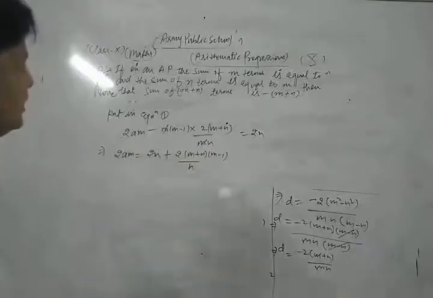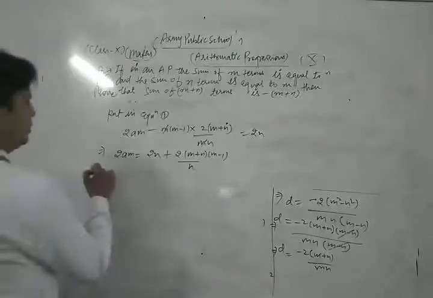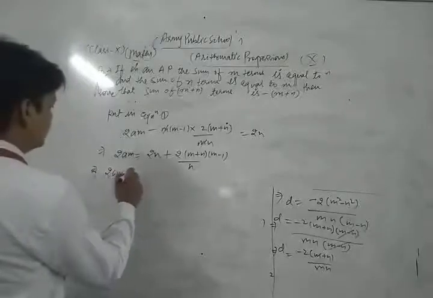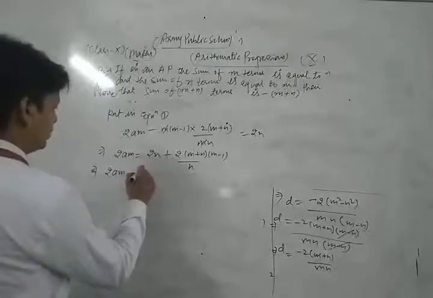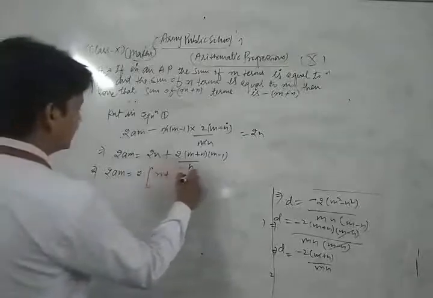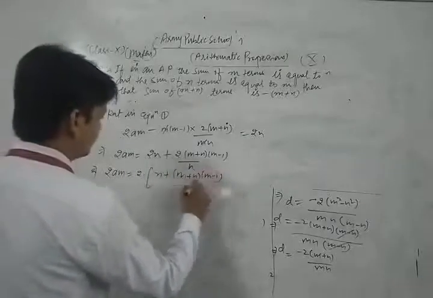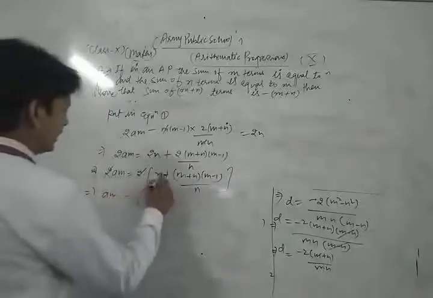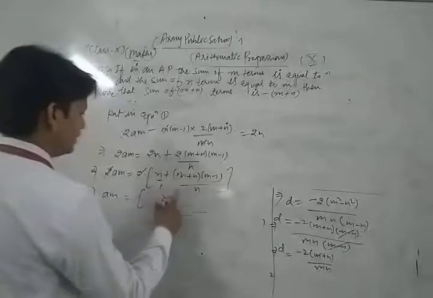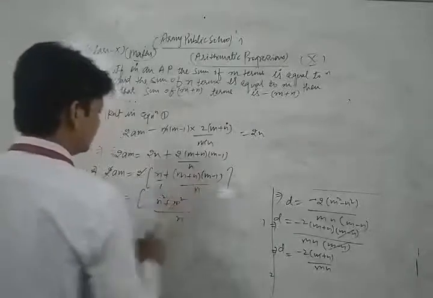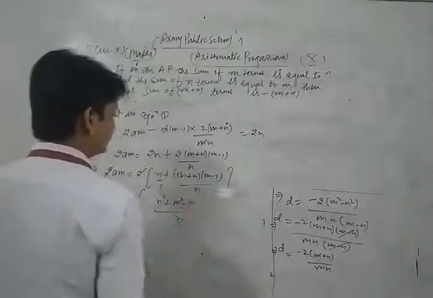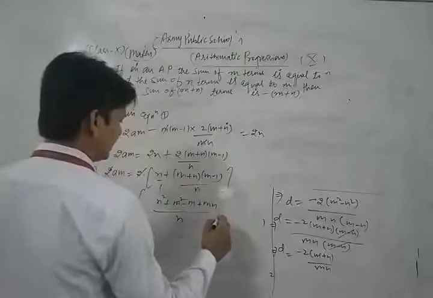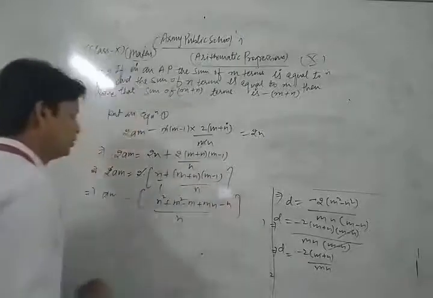Yes, n is left here, so we take 2am is equal to, we take 2 as common, so we get n plus (m plus n)(m minus 1) upon n. Now 2 cancel to each other, so we get am is equal to, we take n as LCM, so this is n square plus m square, plus mn minus m minus n.